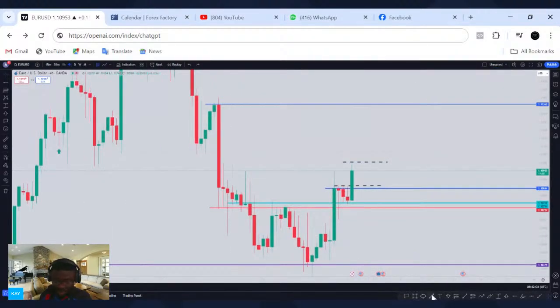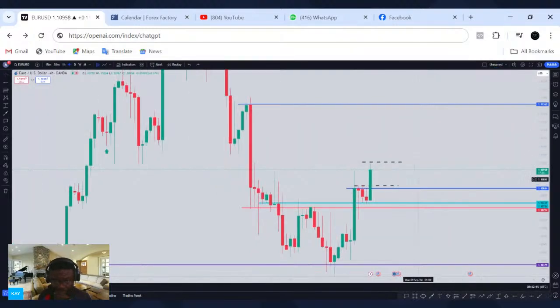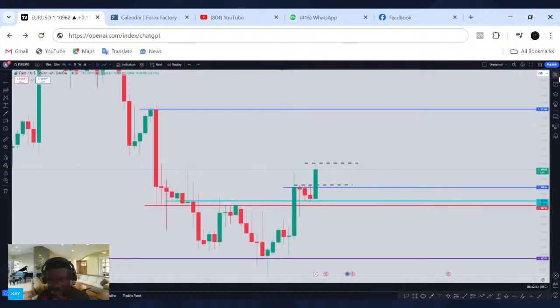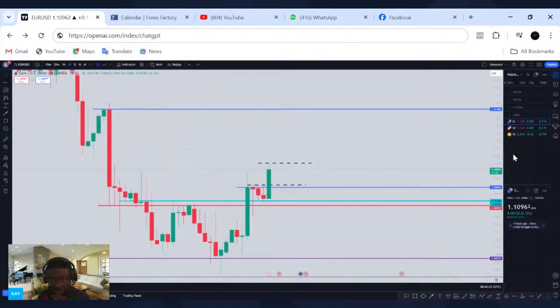I'm expecting to see some consolidation over here before price will head up. So you have 17 minutes for the candle to close. It's far too long.